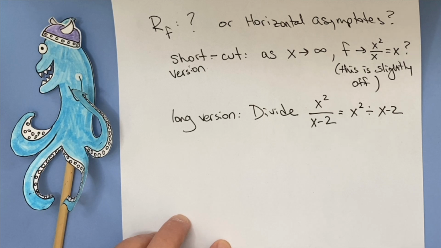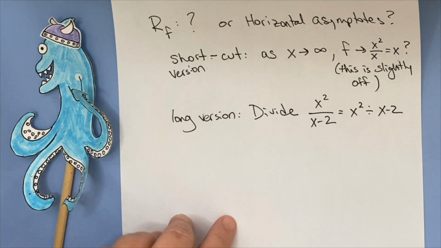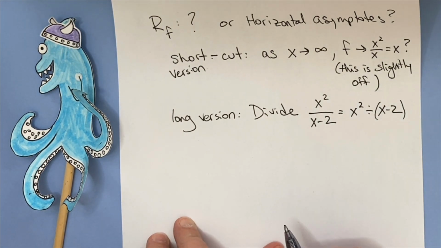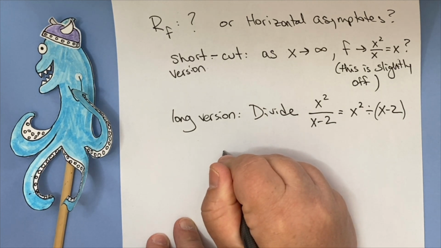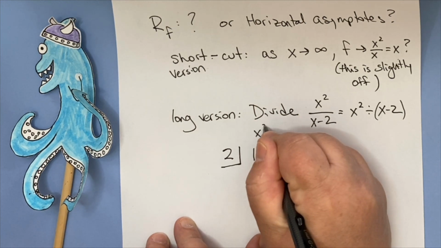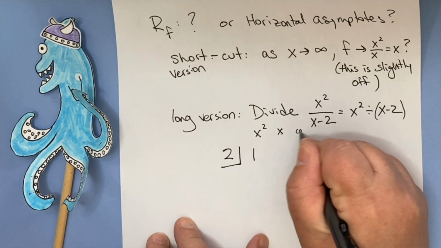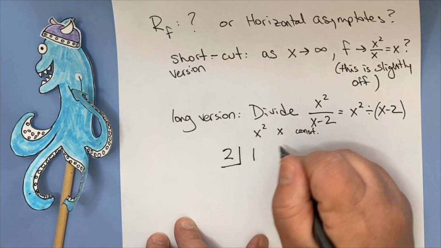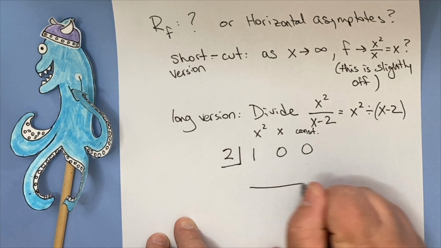In order to divide by x minus 2, I'm going to go ahead and set up 2 inside my synthetic division. And then for x squared, I'll remind you, you actually have to do all of the terms. So it will be 1, 0, 0.